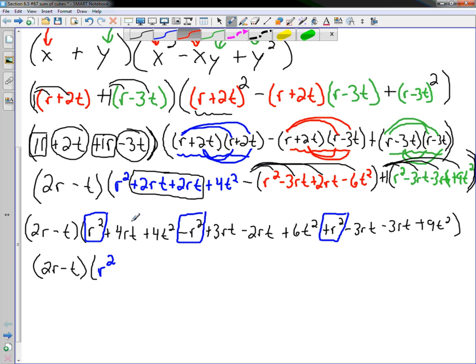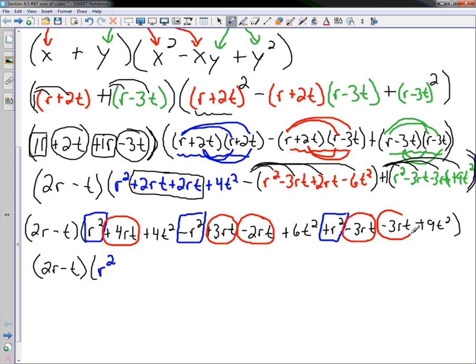We have a plus 4rt, a plus 3rt, so that gives us the 7rt. Minus 2 puts me back at 5. Minus 3 puts me back to 2. Minus 3 puts me back at negative 1rt, or just negative rt.